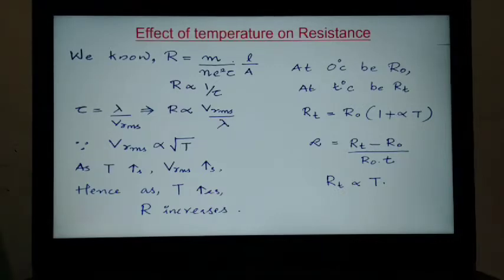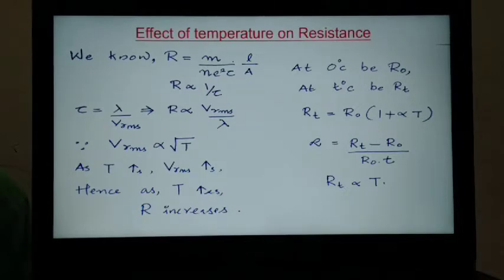Here RT and R0 are the resistance at temperature T degrees Celsius and 0 degrees Celsius, and alpha is the temperature coefficient of resistance.